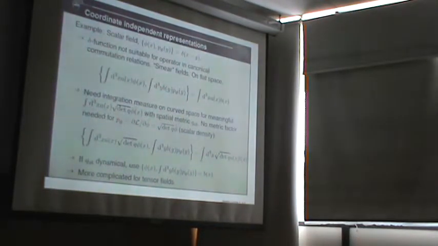Now the problem, it's slightly more difficult if we don't use fields on flat space, which I assumed here. So these are just coordinate integrations, but fields on curved space require an integration measure for coordinate invariant expressions. So the spatial metric q comes in, and we just use the appropriate measure factor for the scalar field.